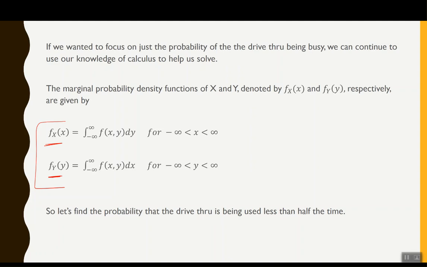So let's figure that we only want to know the probability that the drive-through is being used less than half the time. So we can figure that out. So we have the probability that y is less than 1/2. So again, we're going to take our function, and like our equation said, from 0 to 0.5, we're doing just the y value.